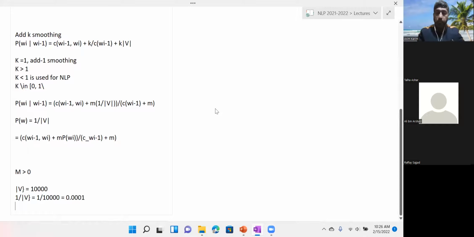So this is a very small number, right? And if you multiply this number with the number of types, 10,000, if M is 10,000, then you get 1, which is identical to add-1 smoothing. But as I said, M would be a larger number as compared to K, but it would still be less than the vocabulary size if you want to get good estimates.